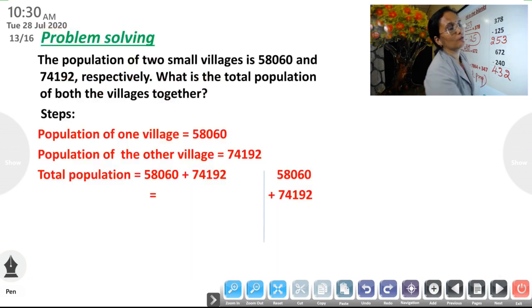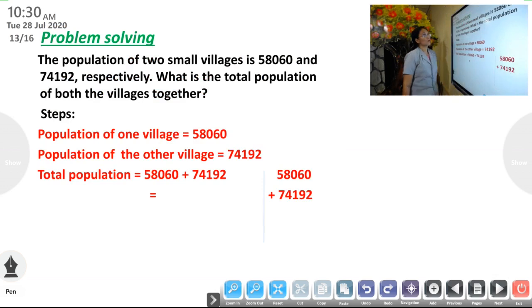Then next one. Now we will move on to problem solving. First question. The population of two small villages is 58,060 and 74,192 respectively.